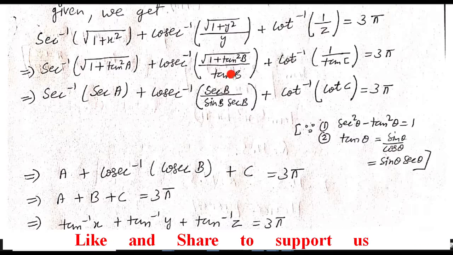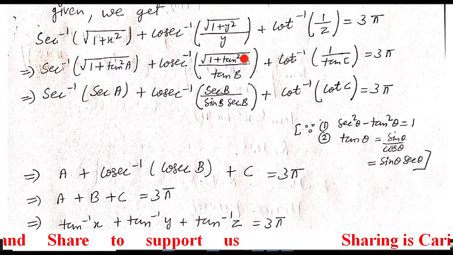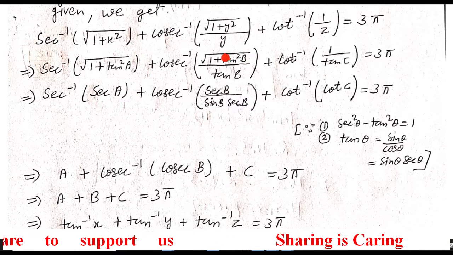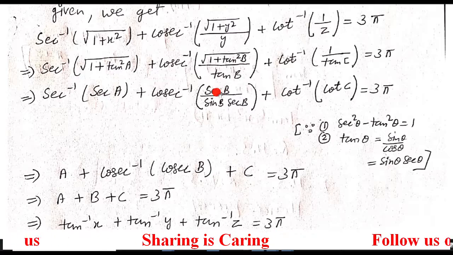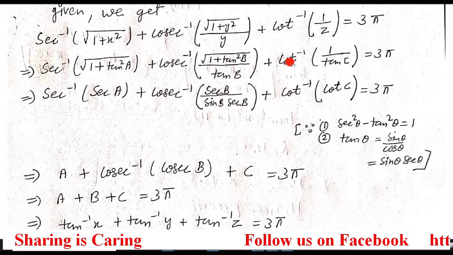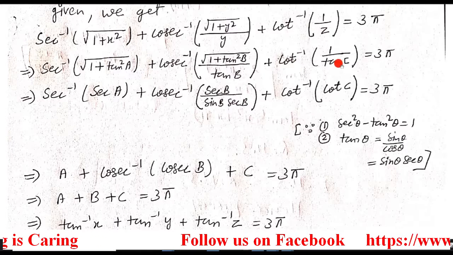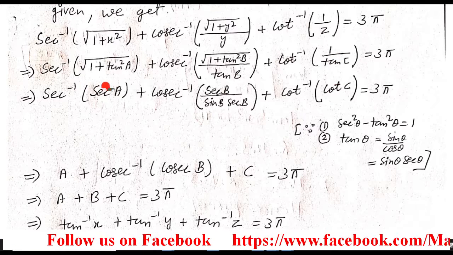So this tan b I substituted in terms of sin b and sec b, and this root 1 plus tan square b I replaced completely from this same identity, that is sec b. So I hope this is clear to you. Now cot inverse 1 upon tan c, this 1 upon tan c we can write as cot c.